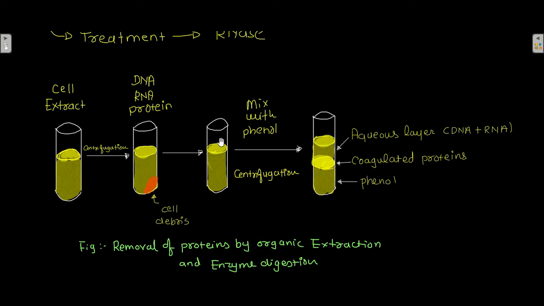In this tube you add phenol chloroform and subject it to centrifugation. After centrifugation you get a phenol phase, the aqueous phase, and in between a layer of coagulated proteins. The phenol phase and protein layer are of no use. You isolate the aqueous layer, which has DNA and RNA, and then you isolate DNA from that.